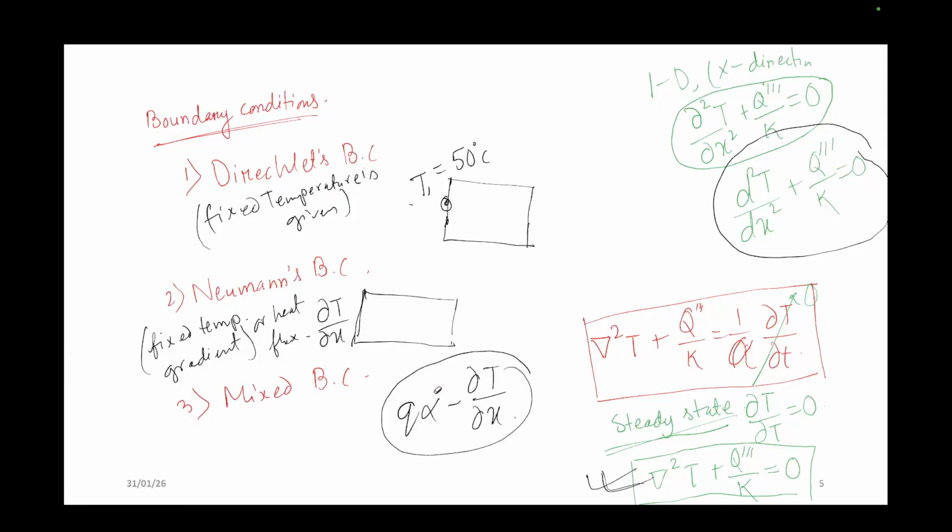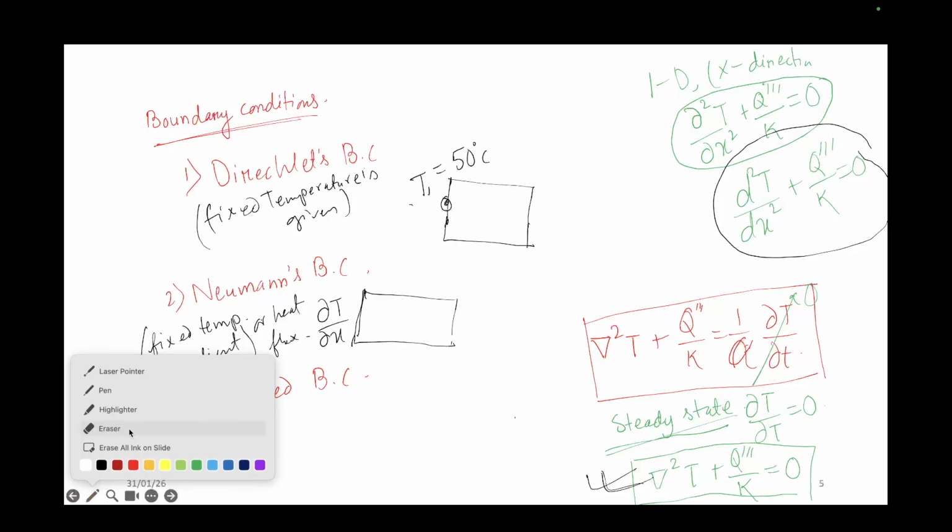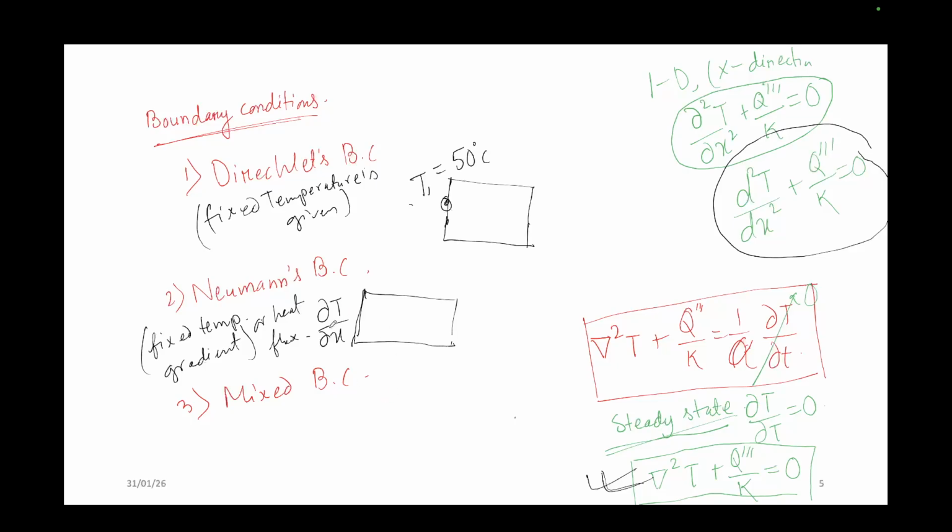Now if I talk about a mixed boundary condition, it basically means a combination of both these two. That means here I am saying that the fixed temperature gradient, del T del X, should be a value. But if this del T del X is a function of time, then it is a mixed boundary condition.